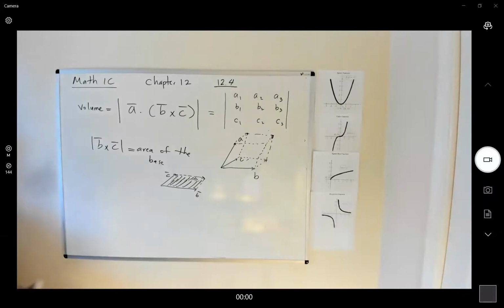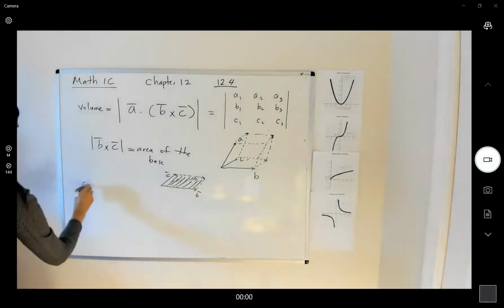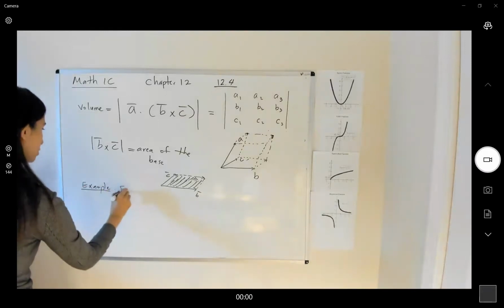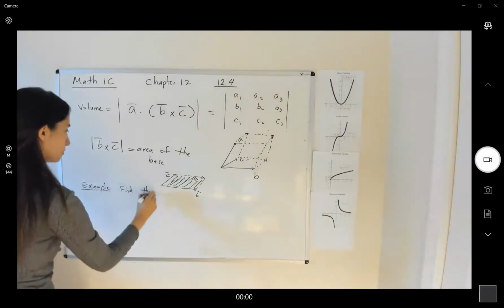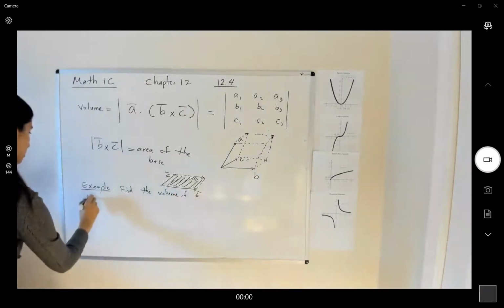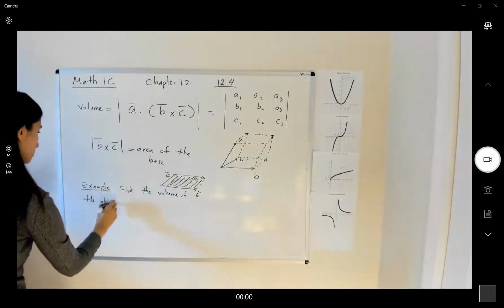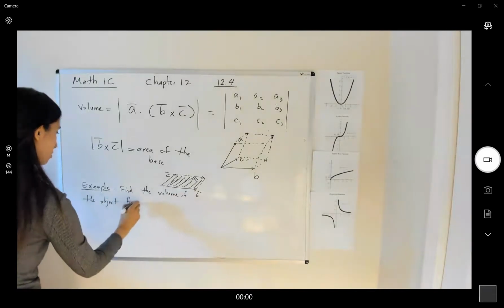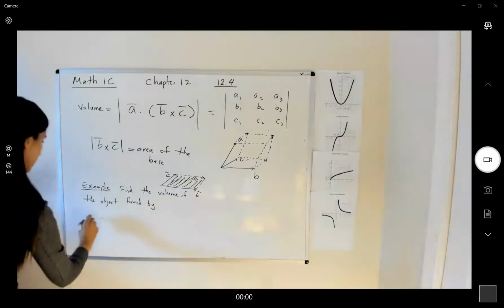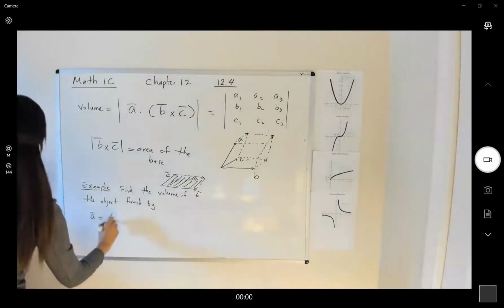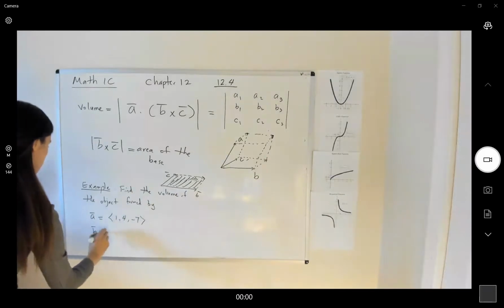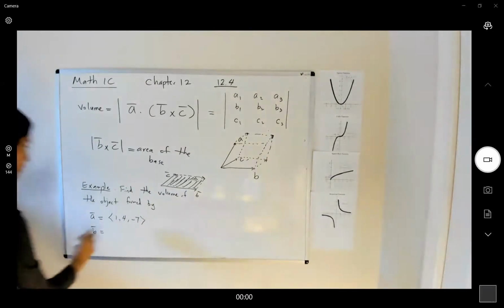Well, let's go over one example together. Example says, find the volume of the object formed by these vectors. The first vector A is (1, 4, -7). B is (2, -1, 4).